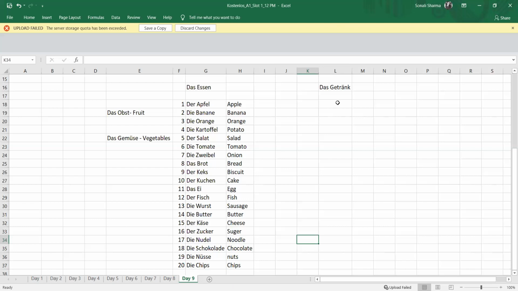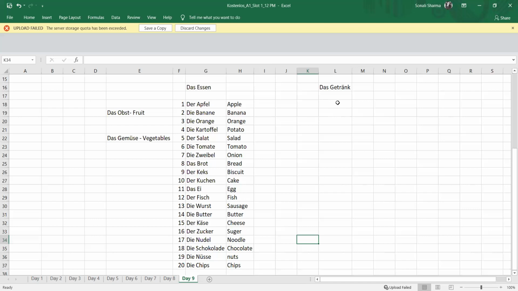Das Brot, bread. Der Keks, biscuit. Der Kuchen, cake. Das Ei, egg. Der Fisch, fish. Die Wurst, sausage. Die Butter, butter.